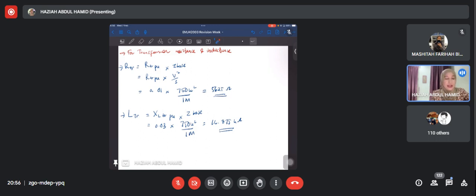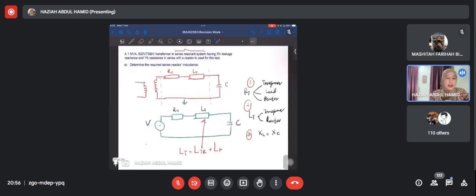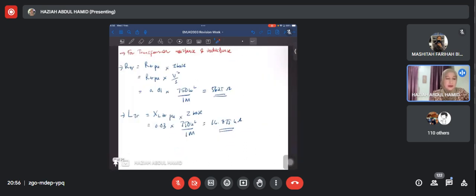For the transformer, R transformer is 1%, then I convert 1% using Z base and obtain this R transformer, the resistance contributed by the transformer. This formula is given. I will give this formula in your final exam. It's just that you must know where to use it and when to use it. Right? So this formula is also given. Yes, let me check whether it is given or not.